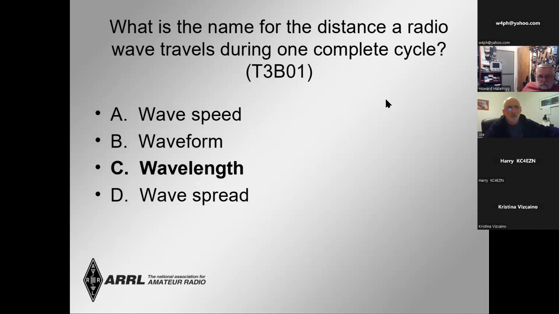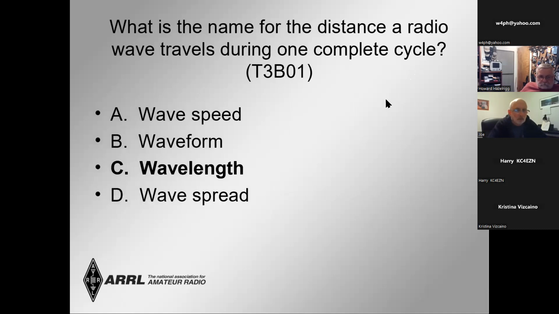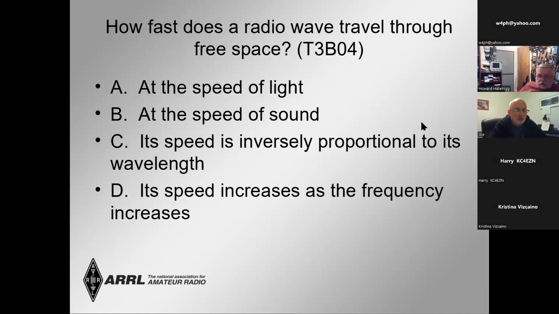How fast does a radio wave travel through free space? In this case, at the speed of light, it's A. C says the speed is inversely proportional to its wavelength.